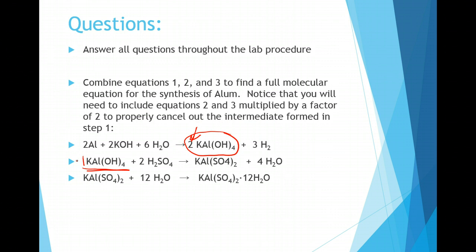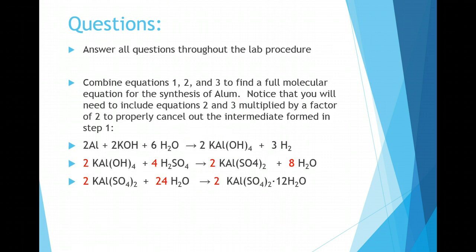So to get it to cancel out completely, we're going to have to multiply the entire second equation by 2. It also tells us that the third equation will need to be multiplied by 2 as well. So on the next slide, I have rewritten these equations, but multiplied equations 2 and 3 by a factor of 2. So the changes are shown in red.